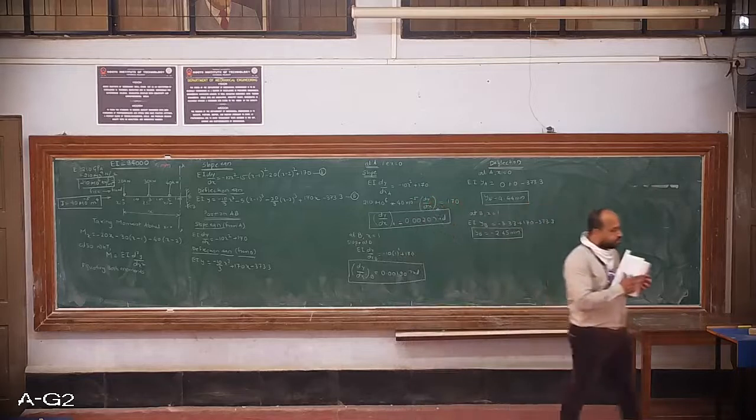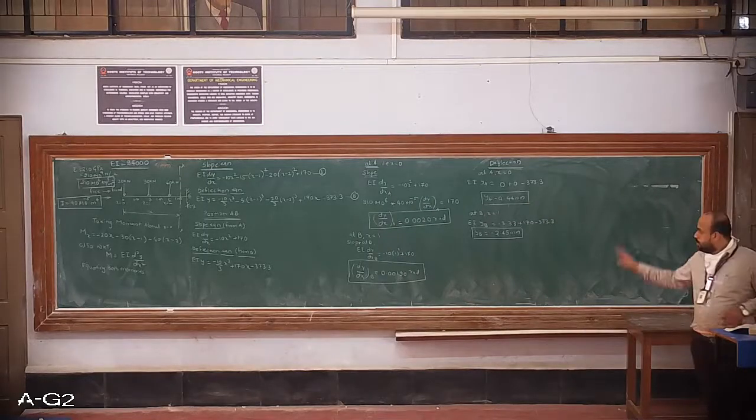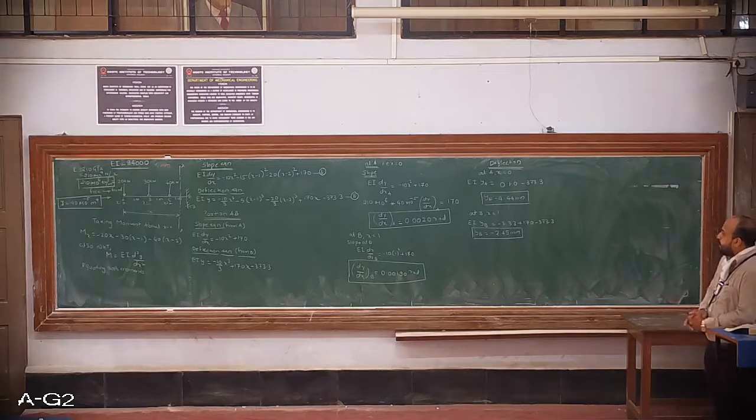Okay, so at both the locations, that is at location A and B, we have found out slope as well as deflection. Next only one location is remaining, that is location C. So write down.